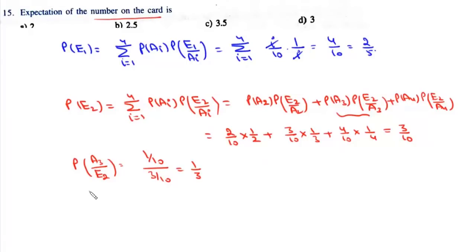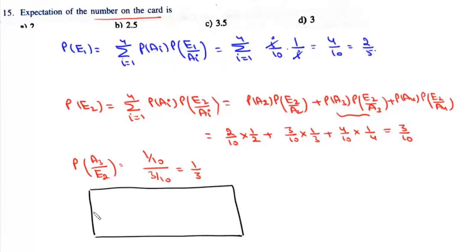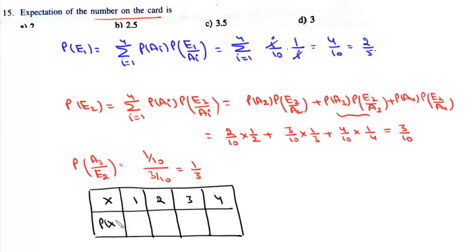Now the next one is find the expectation of number on the card. Now number on the card, it could be either 1 or 2 or 3 or 4 and their corresponding probabilities. Now if the number is 1, this probability is 2 by 5 or simply 4 by 10. Now for E2, it is 3 by 10.